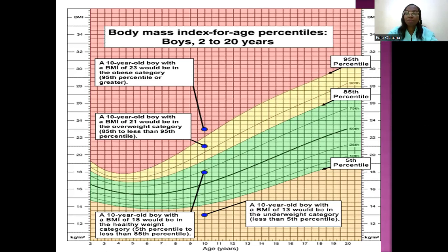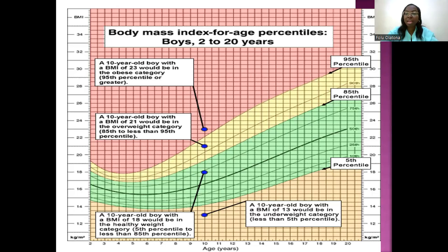But apart from what you get from one visit, ultimately, you want to plot several blue points and join them. So if you join them and it forms a curve like what you have here within the green boundary, you are happy that the child is doing well.